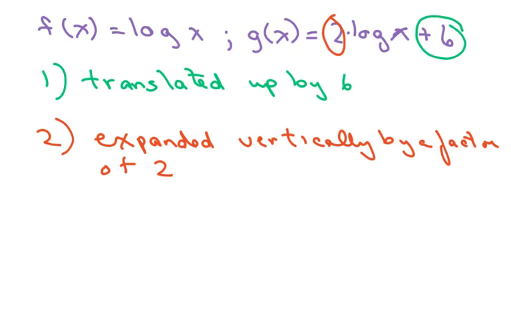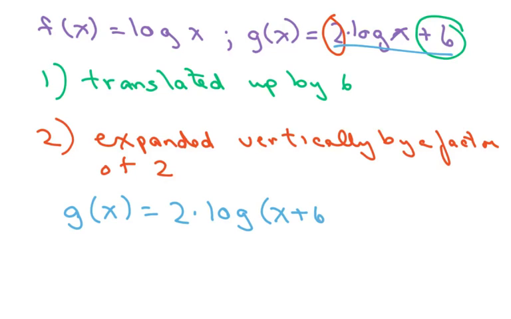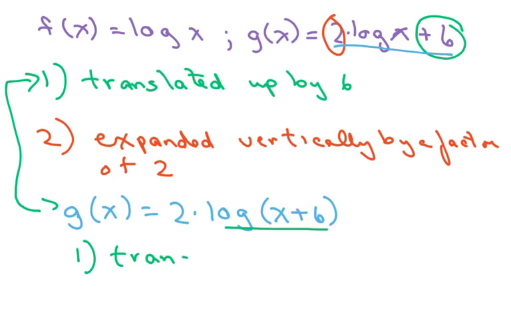I just want to put a note here on this right here. If I had this, then this part would have changed, and we would have had translated to the left by 6 units.